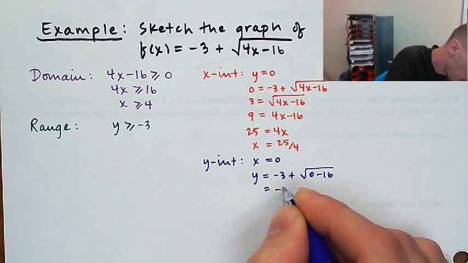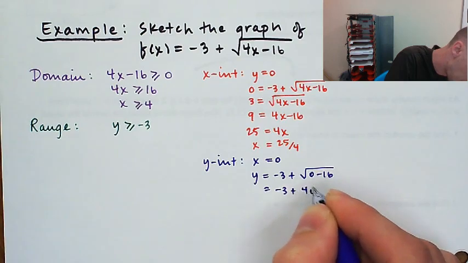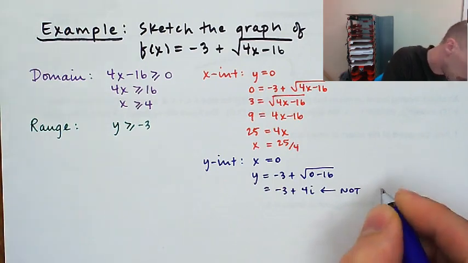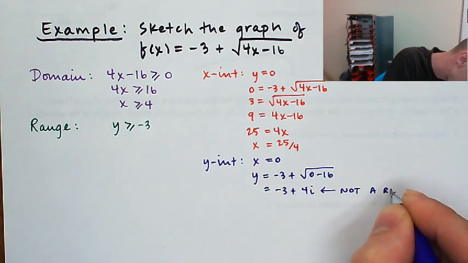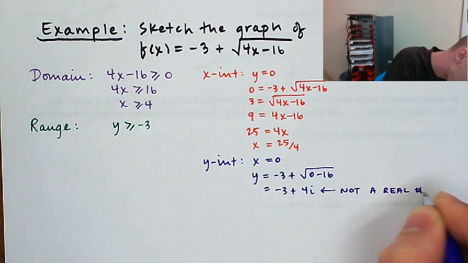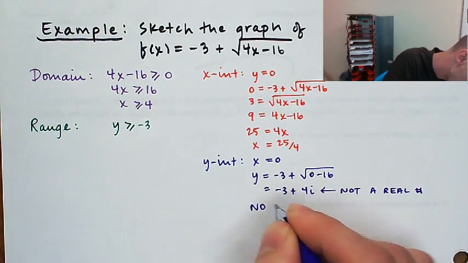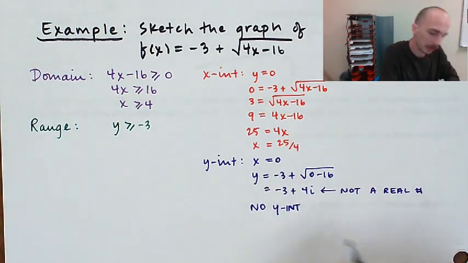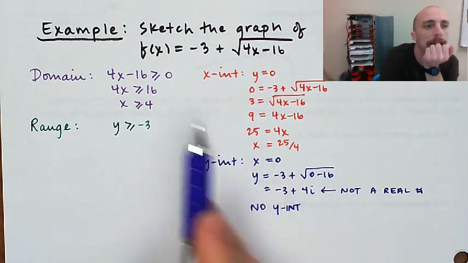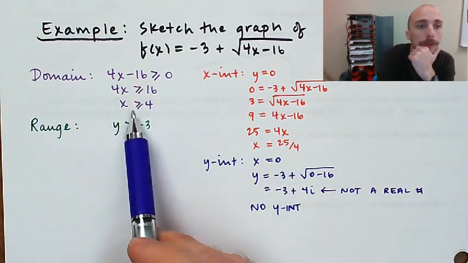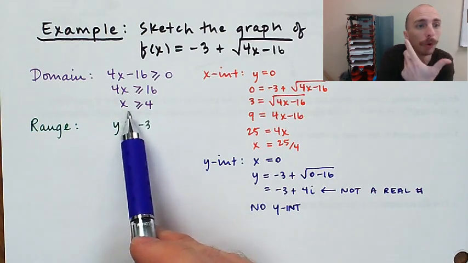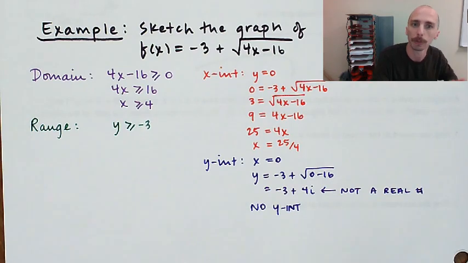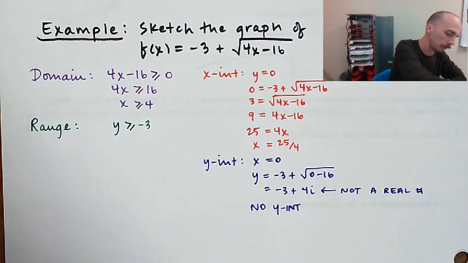We know this is negative 3 plus 4i, which is not a real number, and so there is no y-intercept. We could also have seen that by looking at the domain, where x is greater than or equal to 4. x equals 0 is not in the domain. I'm not allowed to plug that in, because I don't get a real number back. So there is no y-intercept.